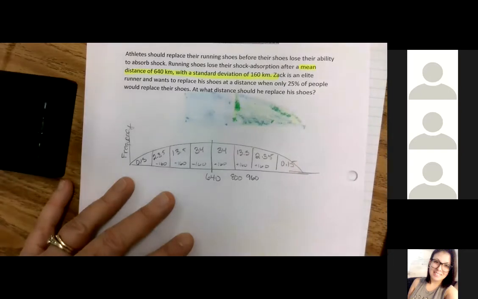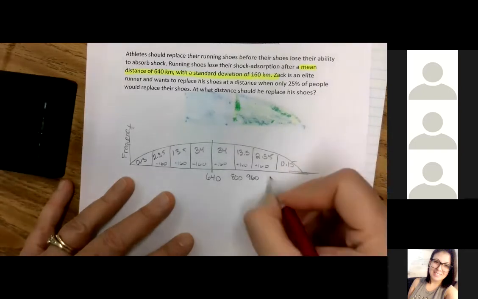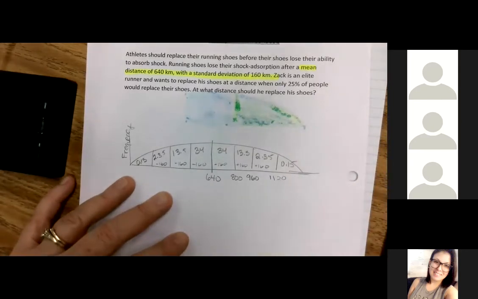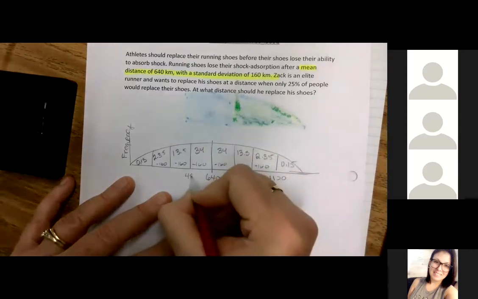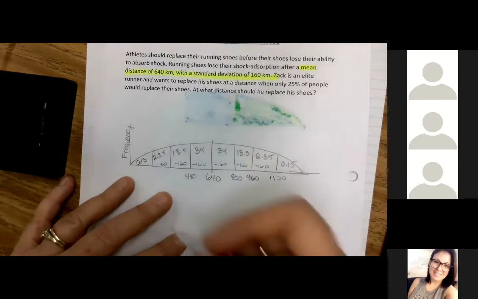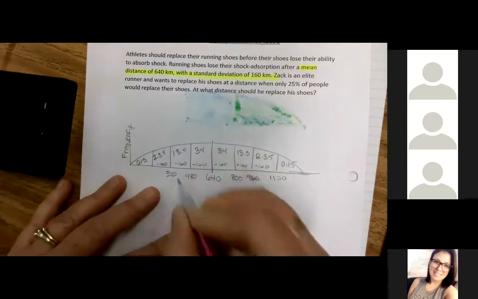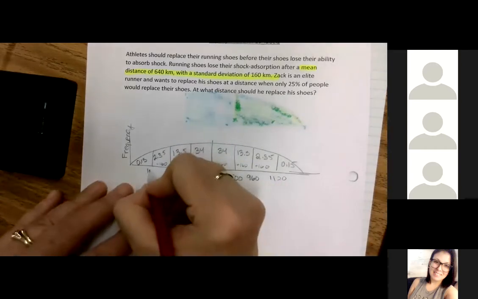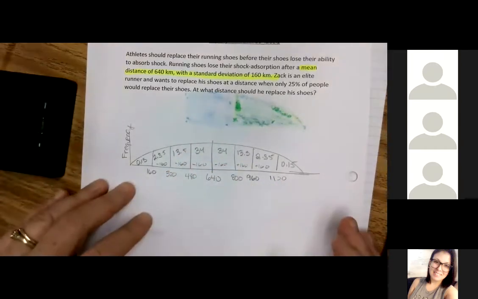Plus 160, 1120. 640 minus 160, 480. 320. 160. You can overwrite my answer key, make sure I'm good.